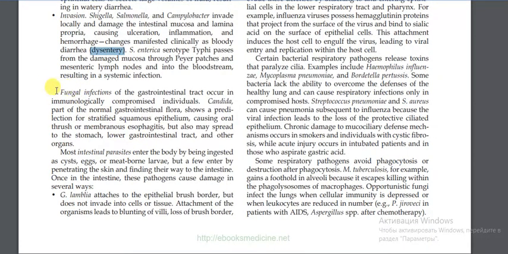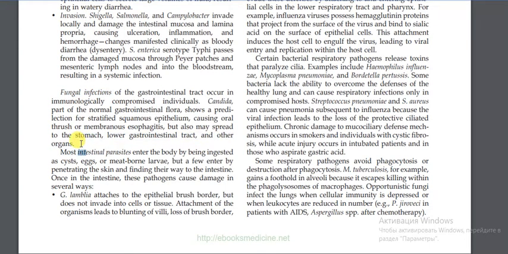Okay, fungal infections of the gastrointestinal tract occur in immunologically compromised individuals, as I said, usually in HIV, in AIDS. Candida, part of the normal gastrointestinal flora, shows a predilection for stratified squamous epithelium, causing oral thrush or membranous esophagitis, but it may also spread to the stomach, lower gastrointestinal tract, and other organs.